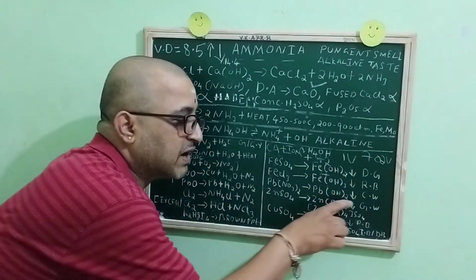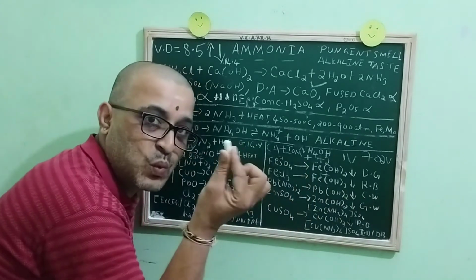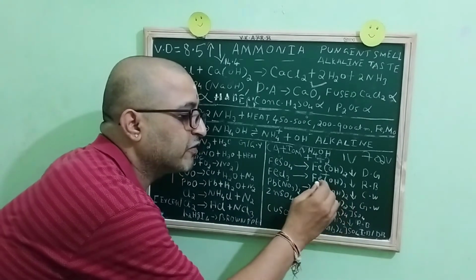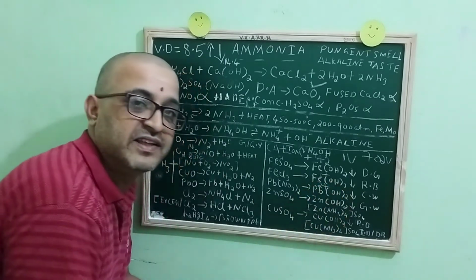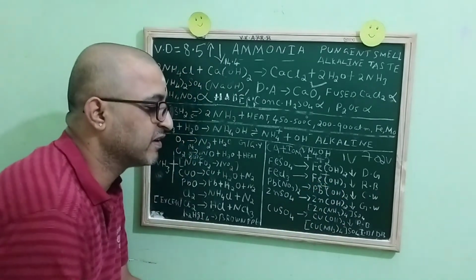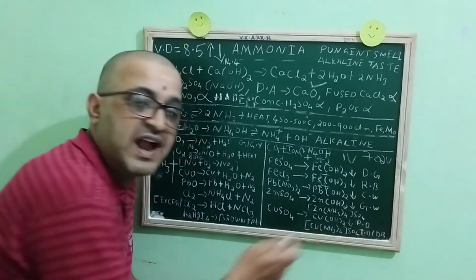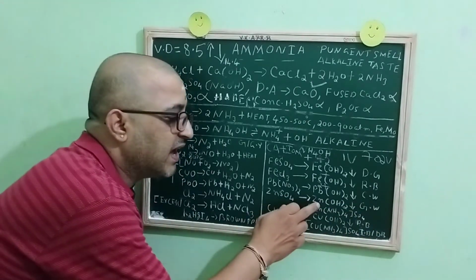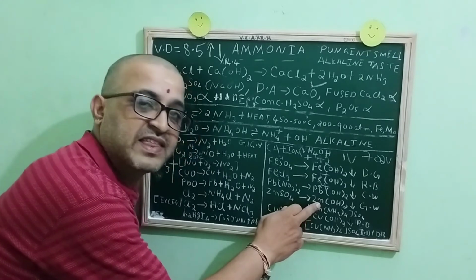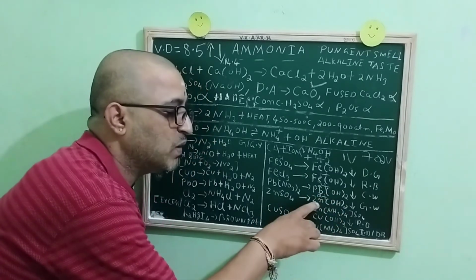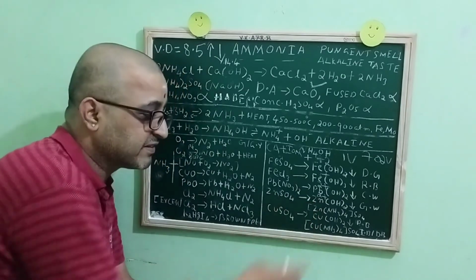Suppose the color is chalky white, then it is definitely lead hydroxide. The cation present is Pb2+. Suppose the precipitate color is gelatinous white, then the precipitate is zinc hydroxide. The cation present is Zn2+.